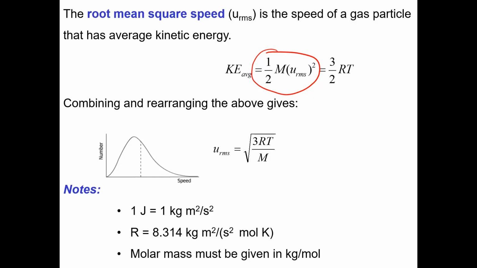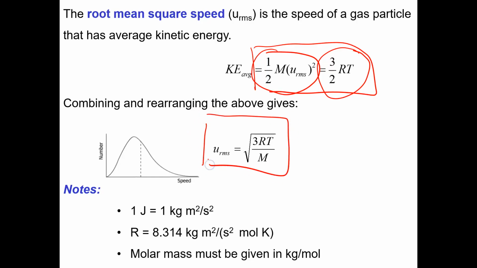Now, as the kinetic energy of our system depends only on the temperature, this turns out when we do the math is equal to 3/2 RT, where R is the ideal gas constant and T is the temperature in Kelvin. So if we combine these two relationships, we can come up with a simple equation for the root mean squared speed of our gas particle.